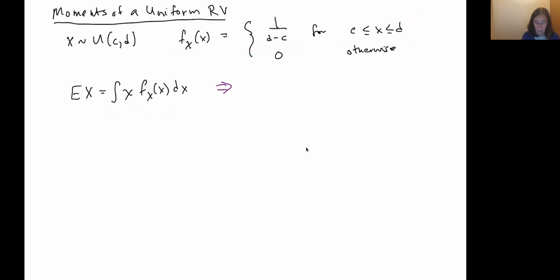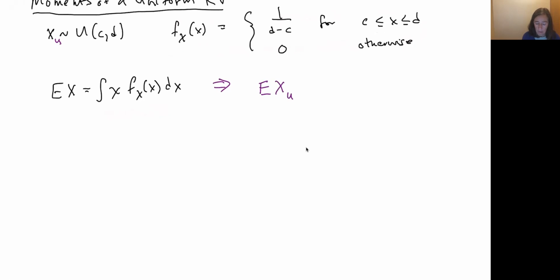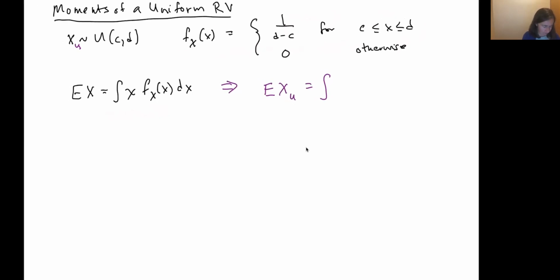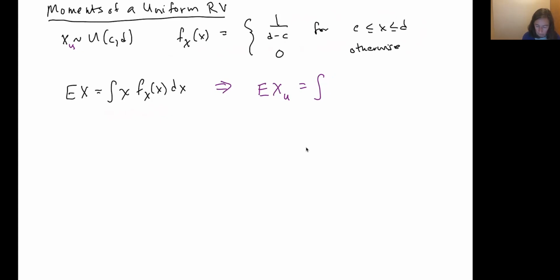So for the uniform case, the expected value of, we'll call it XU here, for uniform, is going to be the integral from C to D. This is the only part of the real line where the PDF is not 0.